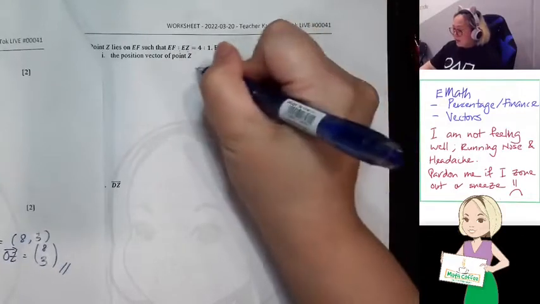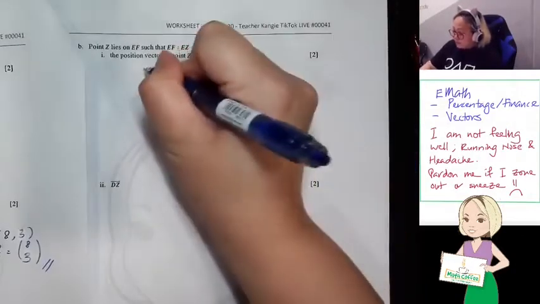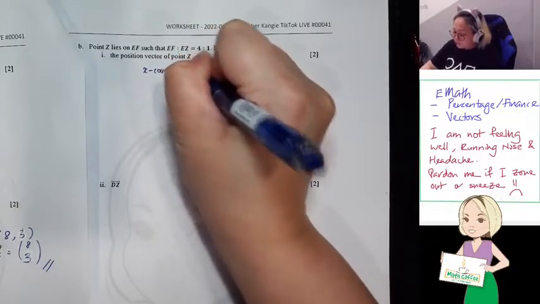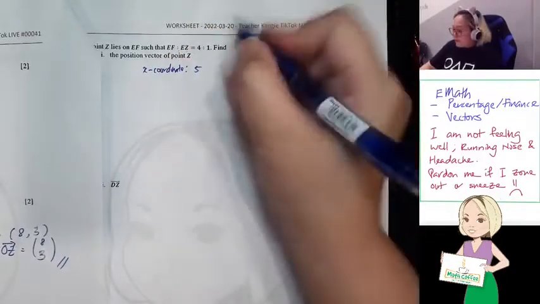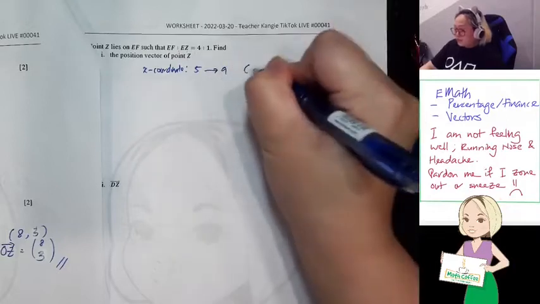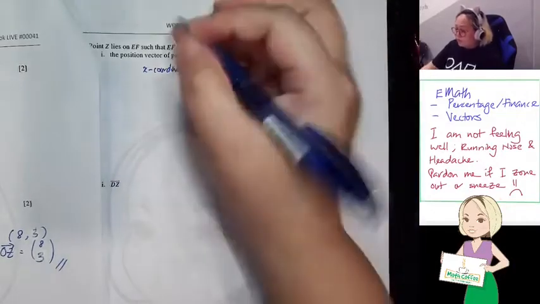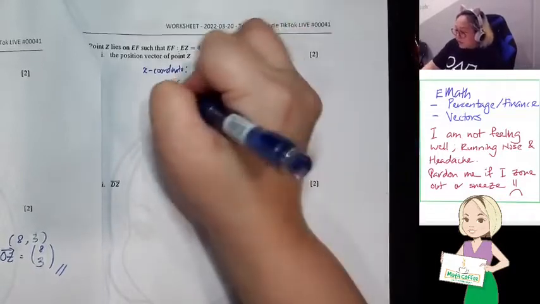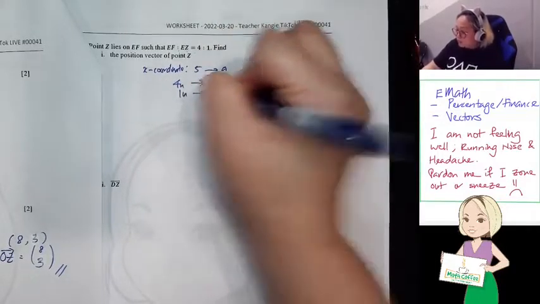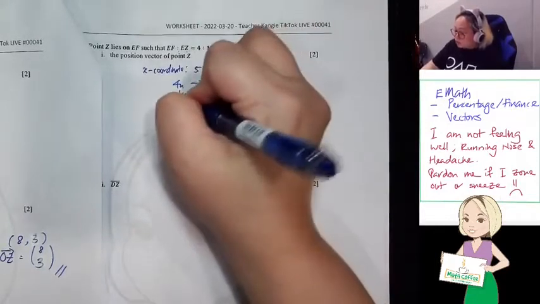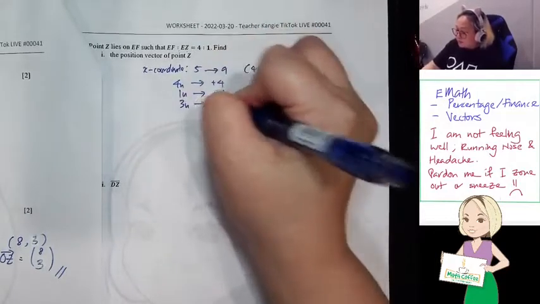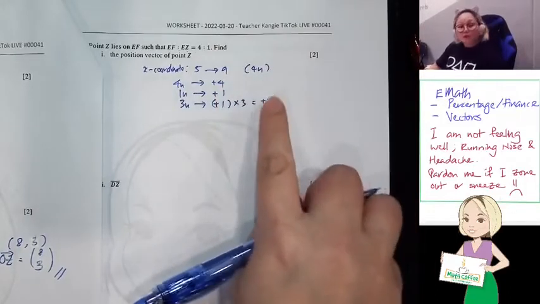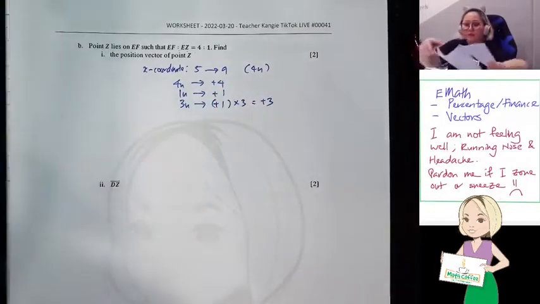See here, my 5, I'm talking about the x coordinate. From 5, it goes to 9. And we know that this is 4 units. So we can safely say that 4 units is just plus 4. I want to find 1 unit, which is plus 1, because 4 divided by 4. So 3 units means it's just plus 1 times 3, which is plus 3. Agree? So where is the plus 3?